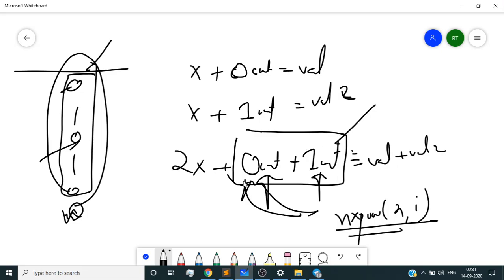So this changes to n times 2 to the power i.